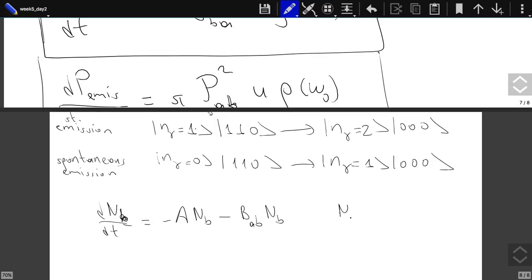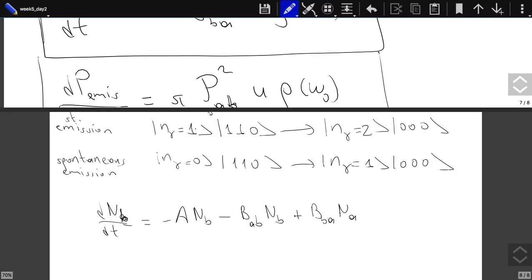And if there are A atoms in the system, well, the A atoms can increase the number of B atoms by stimulated absorption. So here we have these three phenomena that will change the number of B particles in my system.